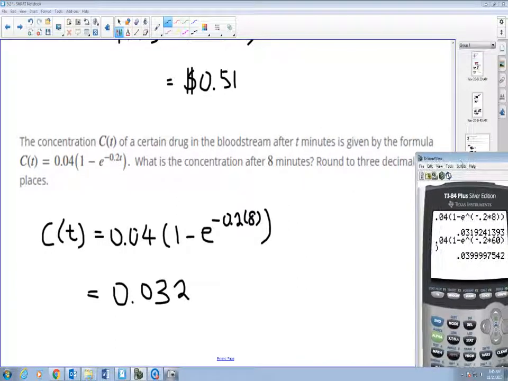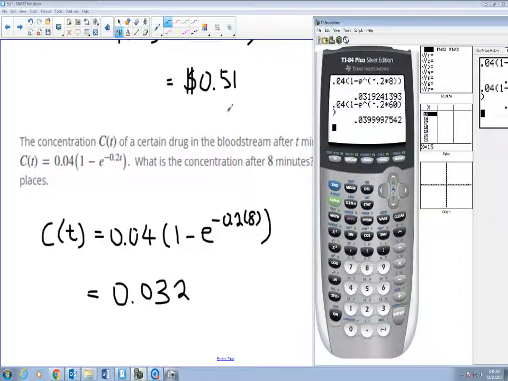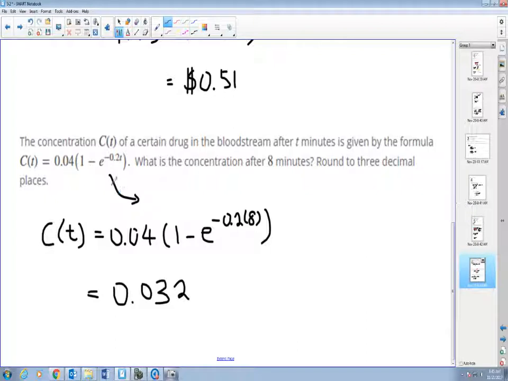This number is very strange. The negative sign in front of the 0.2 is supposed to tell you the concentration decreases. Since e is normally 2.7 something, the Y value is supposed to go downward, like I showed you back in 5.1. It's an exponential; the Y value decreases from left to right, but with the negative sign in front of it, the Y value goes backwards again.